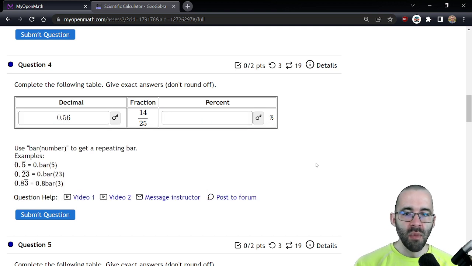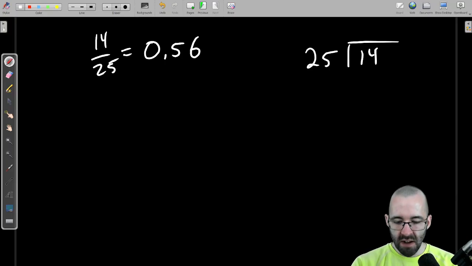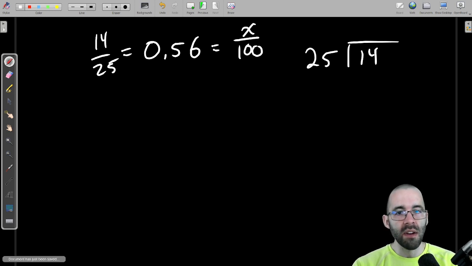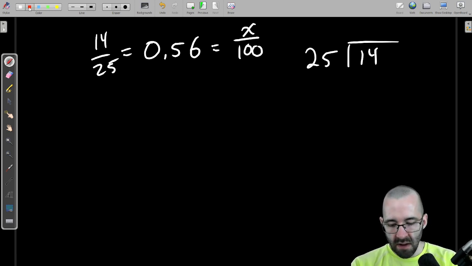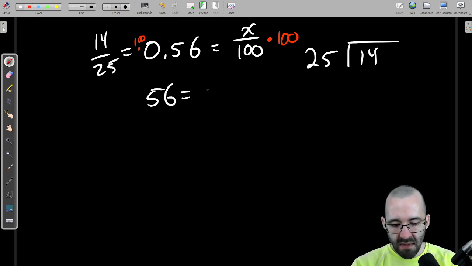And it's 0.56 exactly. So that's the decimal representation. And now, what is that percent? The 0.56 is some percent. X percent means X over 100. So to solve for X, to find out what this is as a percent, you multiply by 100. Now we're going to get that 56 is X. So it's 56%.